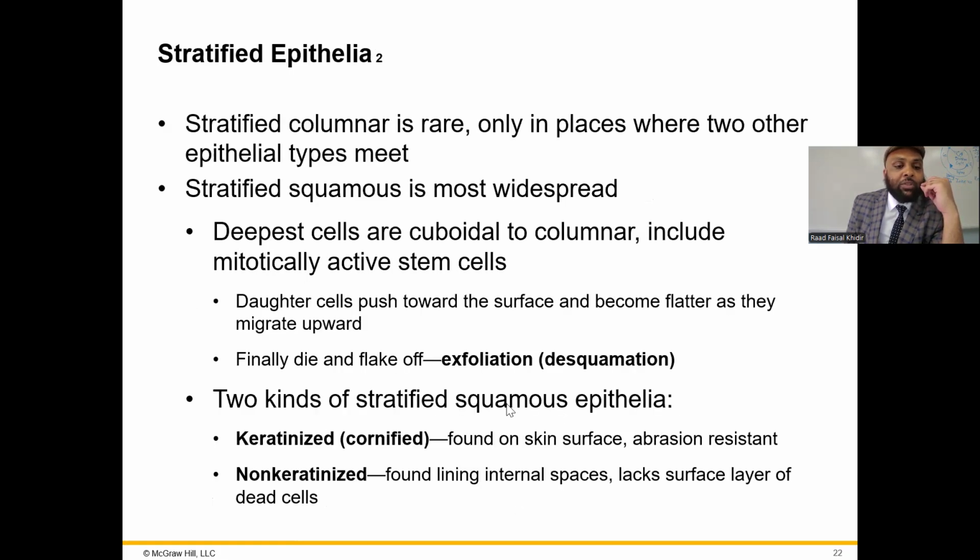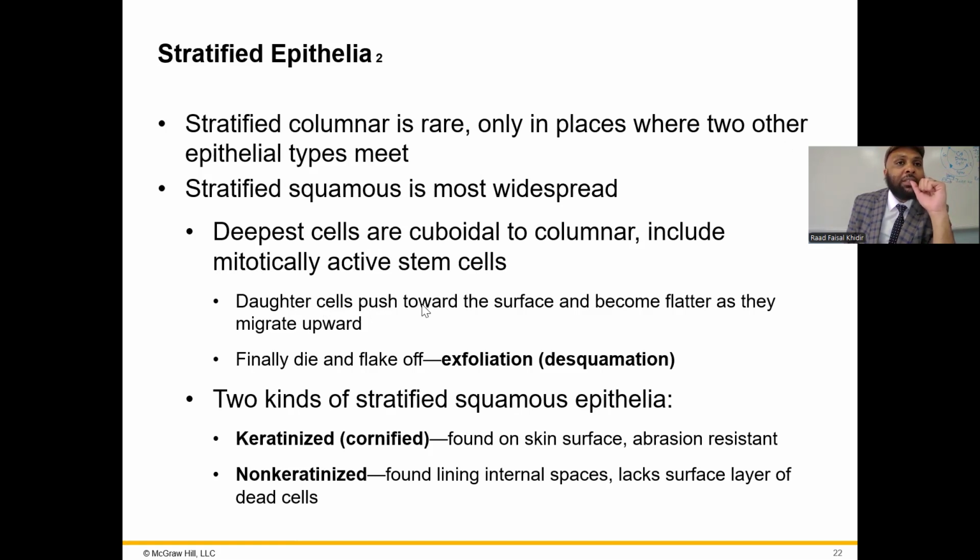So now we're going to begin talking about the stratified epithelium. The stratified columnar are rare, and they are only in places where 2 other epithelial types meet. Stratified squamous is the most widespread, and the deepest cells are cuboidal to columnar, and they include mitotically active stem cells.